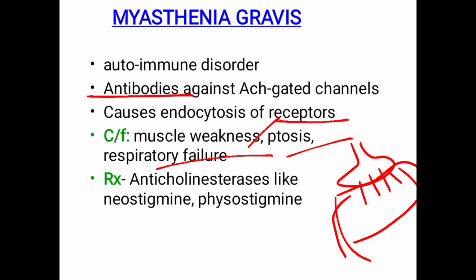The synaptic cleft is the gap between the presynaptic and post-junctional membrane. The post-synaptic or post-junctional membrane is formed by the muscle, and the receptors are present over it. The acetylcholine will bind to those receptors. Whenever acetylcholine binds to the receptor, sodium channels open, and sodium ions flow into the muscle.